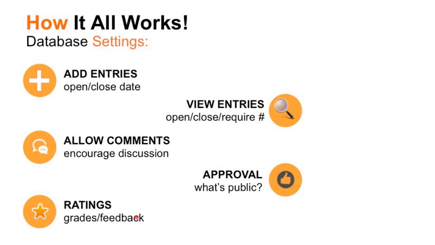And then we have ratings for giving feedback and grades. So not necessarily grades, but really feedback. So you can use stars and thumbs ups, or really useful, less useful, not very useful. You can use feedback that actually gives some quantitative or qualitative feedback to the student about their post, rather than just a grade of 2 out of 5.